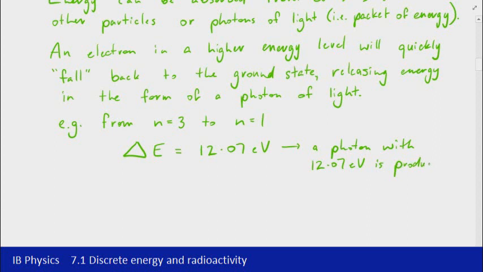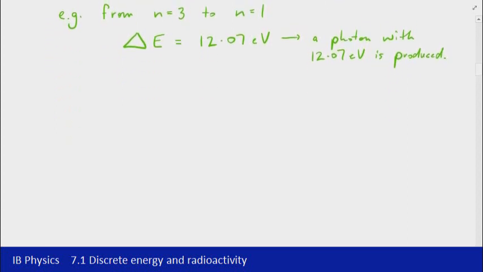Now, that was for the transition from n equals 3 to n equals 1, but that's not the only possible path that can occur. When falling from higher energy levels to lower, there could be any number of possible transitions, and that's assuming that there are some intermediate levels that it could fall through.